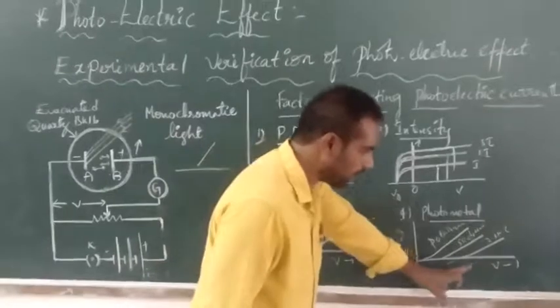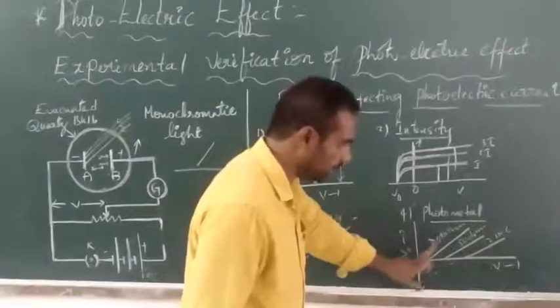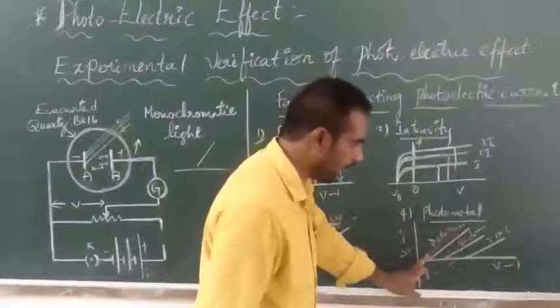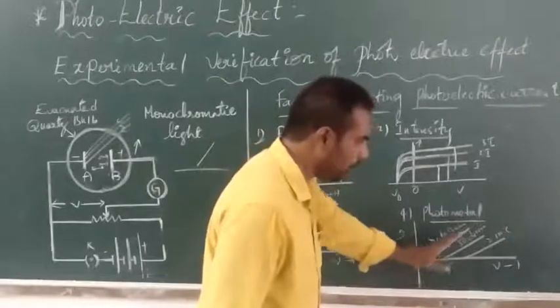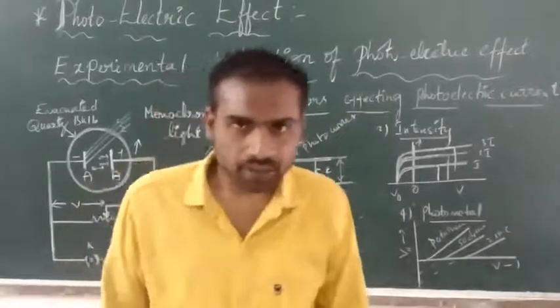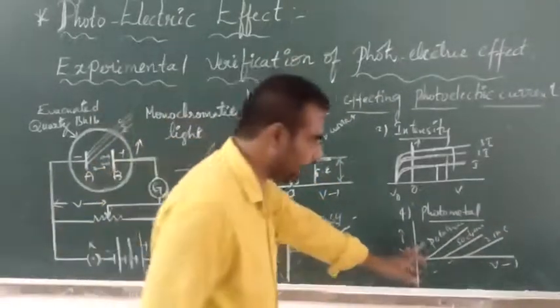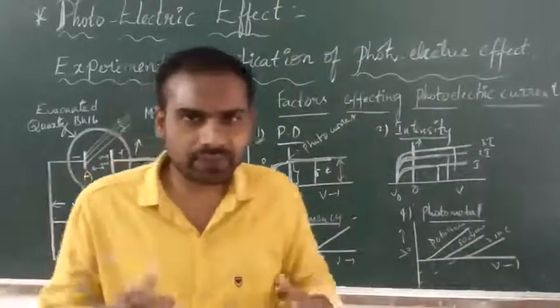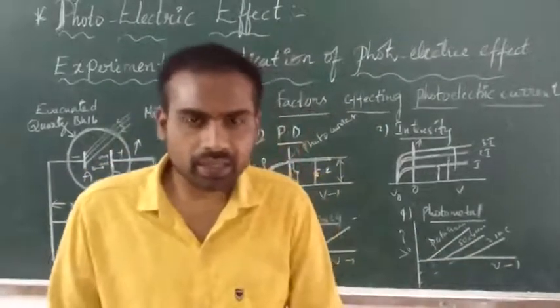Here, as the frequency increases, for potassium the graph is like this, but they have the same slope while the stopping potentials are different. Like that, for different metals there is a different photocurrent.